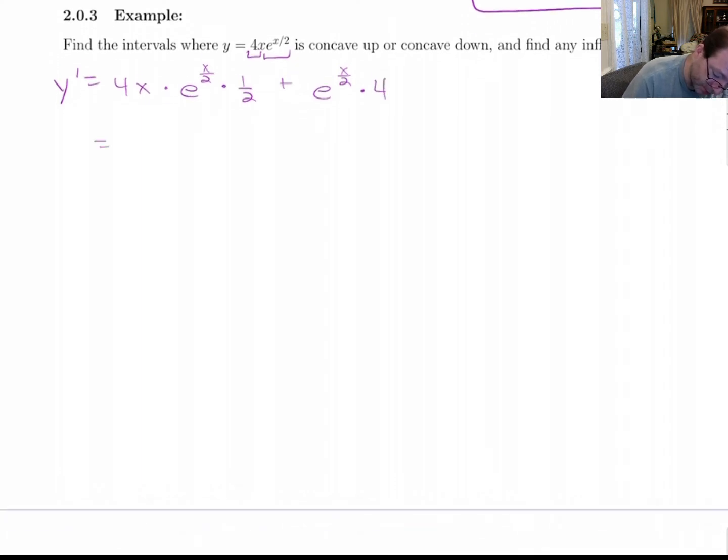So I can factor out that 4e to the x over 2, and that leaves me with 1/2 x plus, actually, let's not do that, because we need the second derivative here.